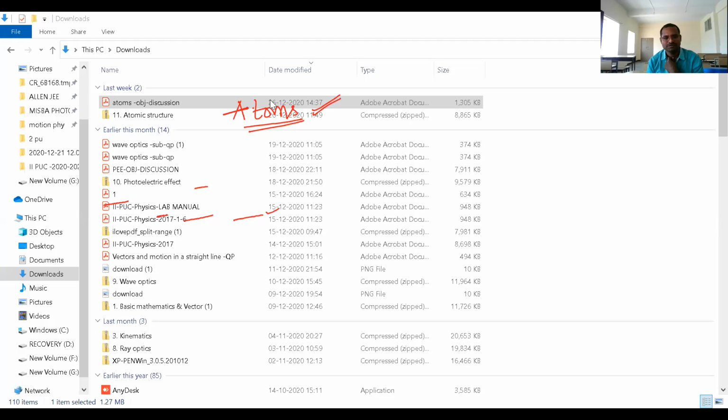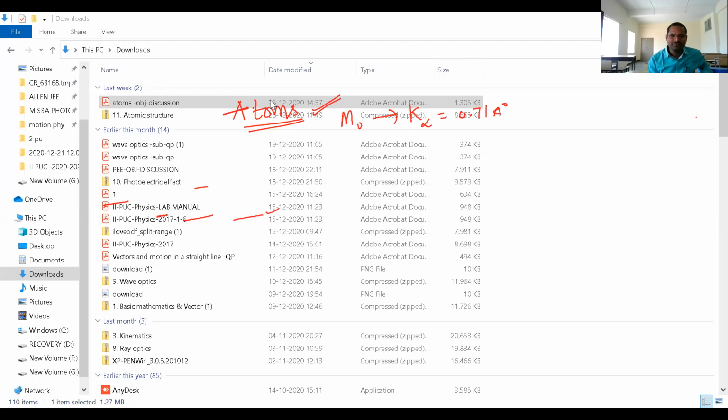From molybdenum one X-ray radiation is coming, that is K alpha. It comes out to be 0.71 angstrom.